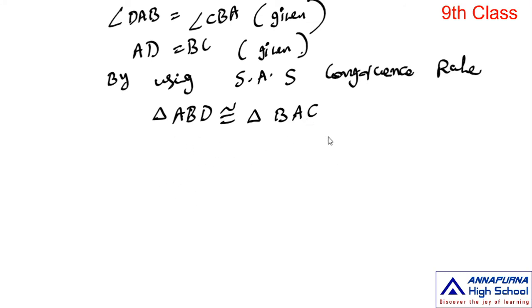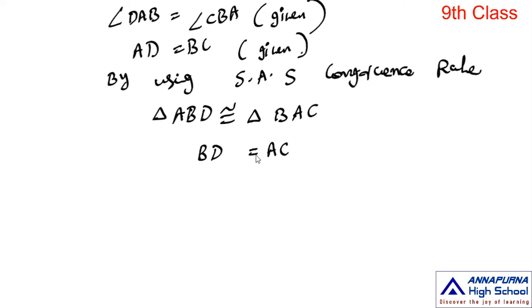So the corresponding parts are equal. Corresponding sides are equal. Corresponding angles are equal. Therefore BD is equal to AC.